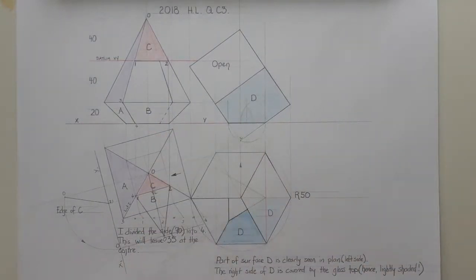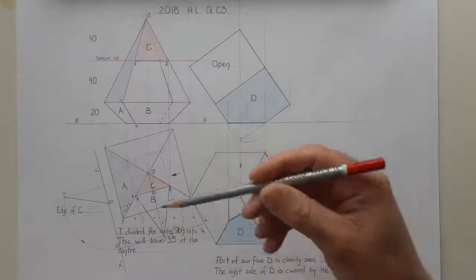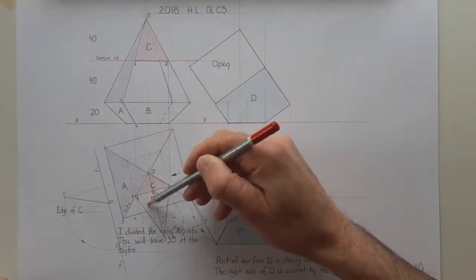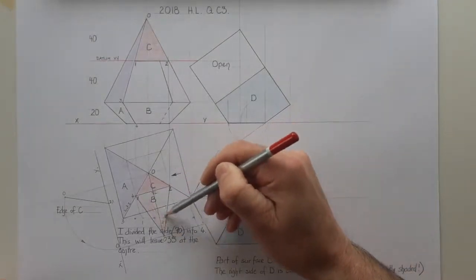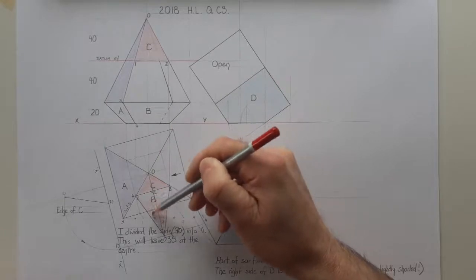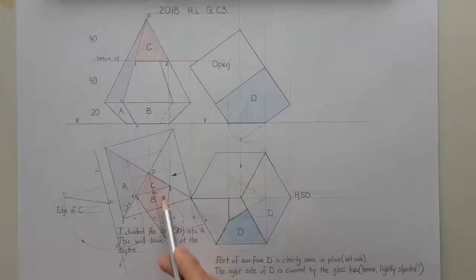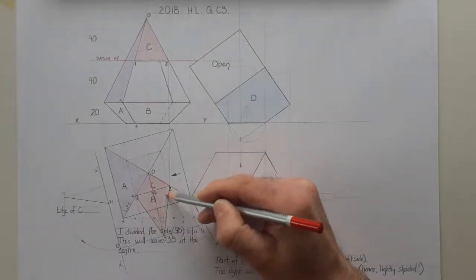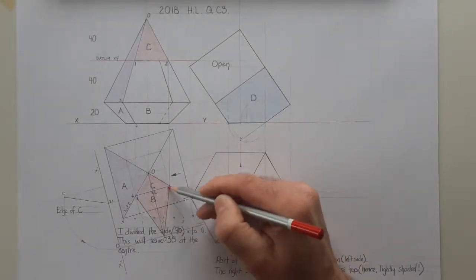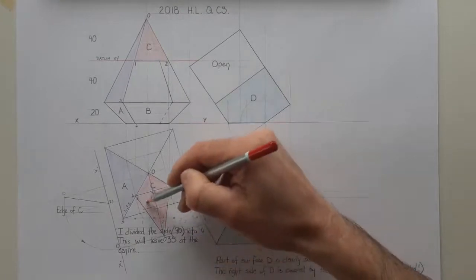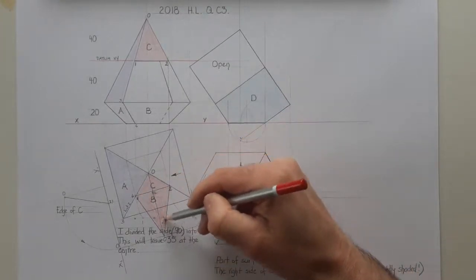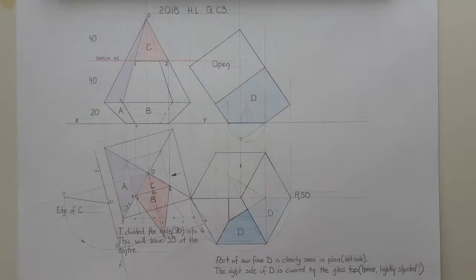So my true shape for surface C is that surface there. The usual thing follows for all these true shapes or developments: the surface will always appear bigger than it did in the other views because we're now looking at it at 90 degrees.